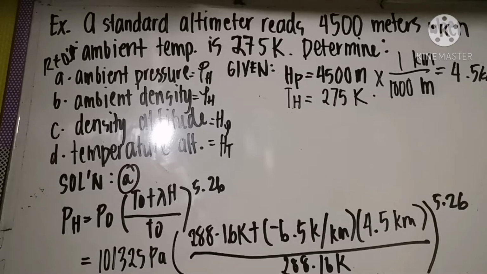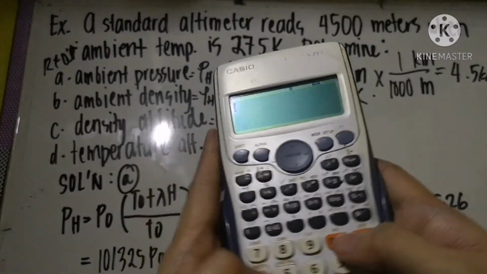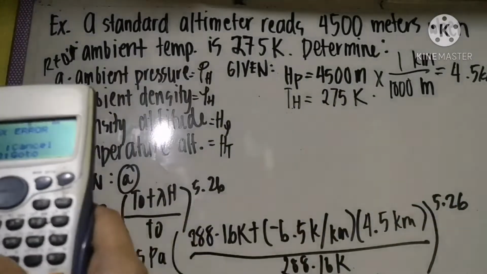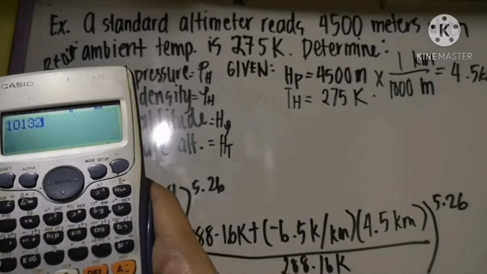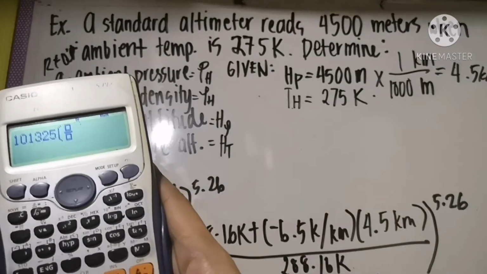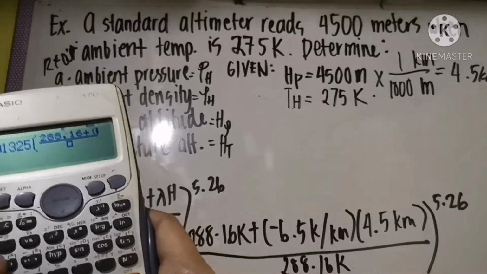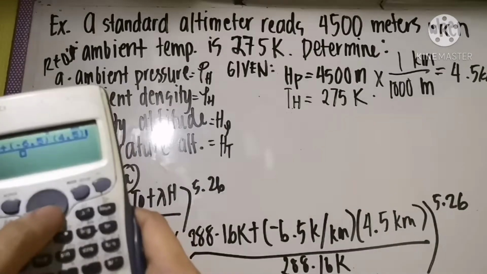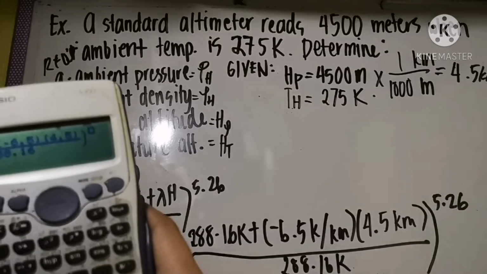Now, so first, 101.325 times fraction na 288.16 plus quantity negative 6.5 times 4.5 kilometers over 288.16 raised to 5.26.